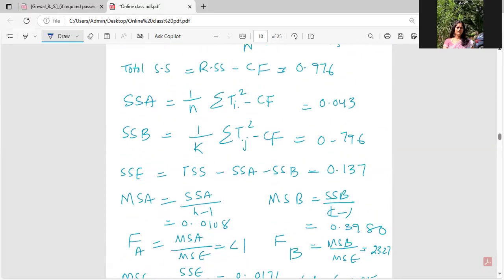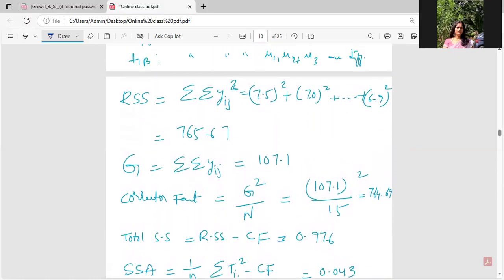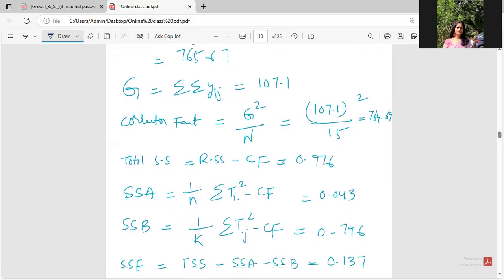Once I have done all those, first I will find RSS, the raw sum of squares, that is the sum of squares of all the elements in the table. Also, the sum of the values in the table, not the squares, would be G. Correction factor would be G squared by N. N is the total number of values in the table, rows into columns.